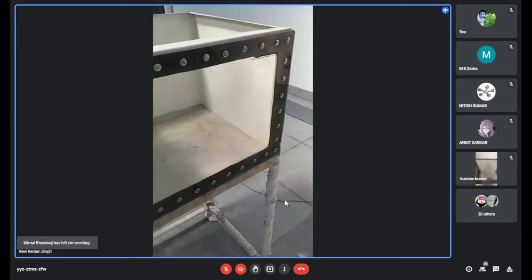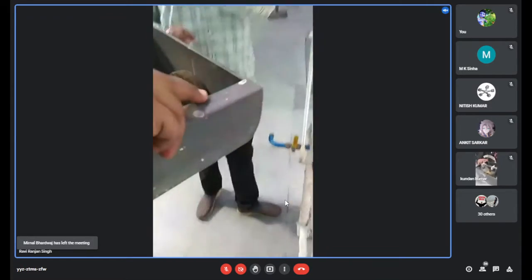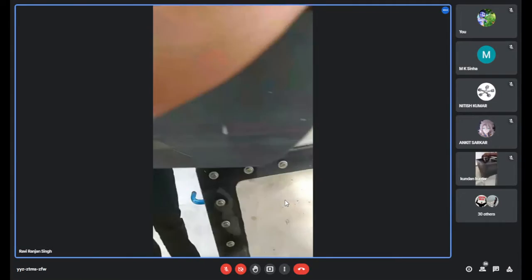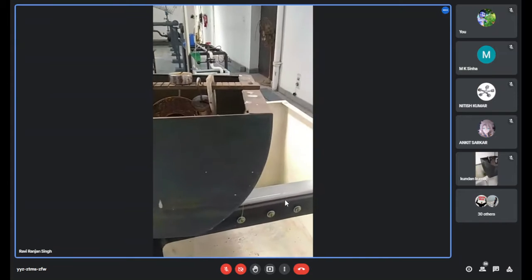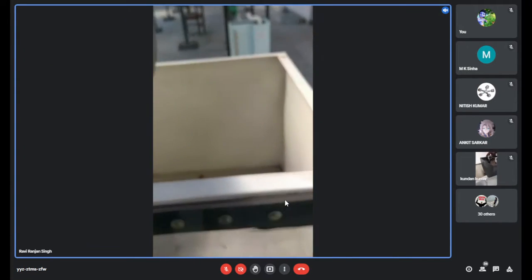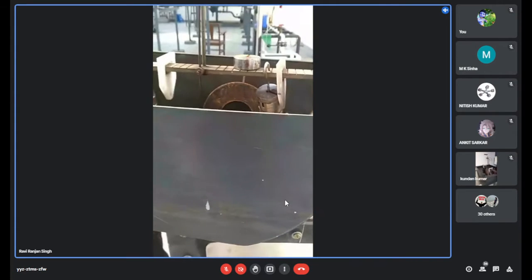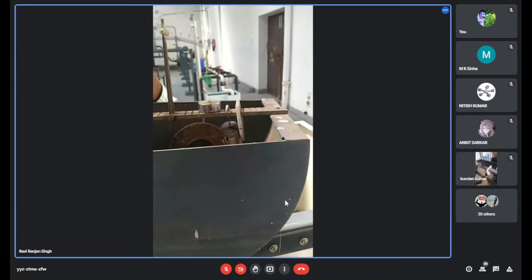This is the apparatus, the tank, and this is our ship model. We will place this ship inside the tank after filling it with water, and we will calculate the metacentric height.